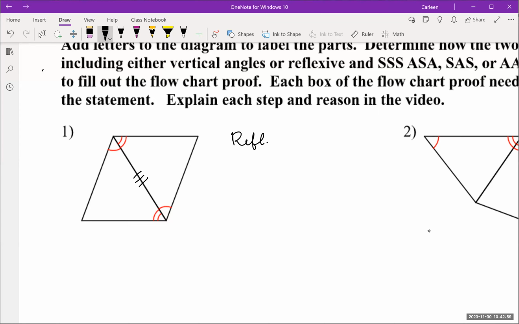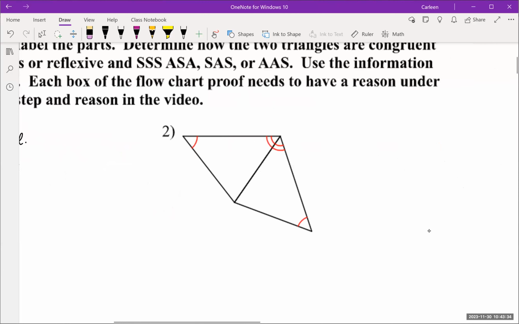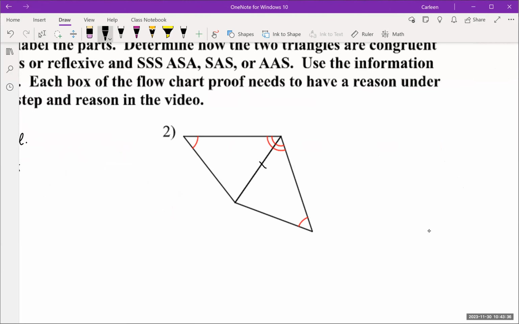If I cover this up, I see a side with 2 angles touching. Both angles touch the side. So I see angle, side, angle. The side touches both of the angles if you focus on one triangle at a time. And then it also works for that one. Angle, side, angle.